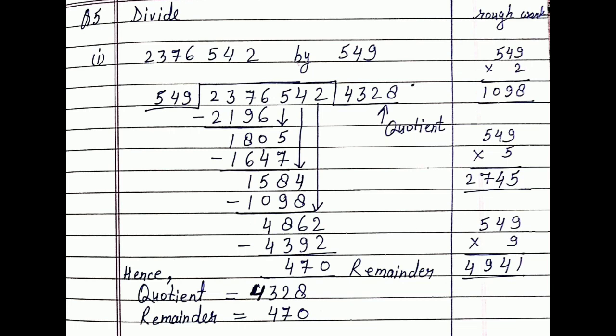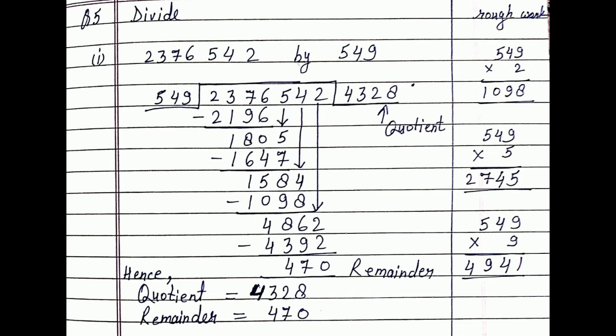Now we write the digit 4 at the quotient place, and then we subtract these 2 numbers, and we get 180. Now when you compare, 180 is lesser than 549, so we bring down the next digit, that is after 0 we bring down 5.